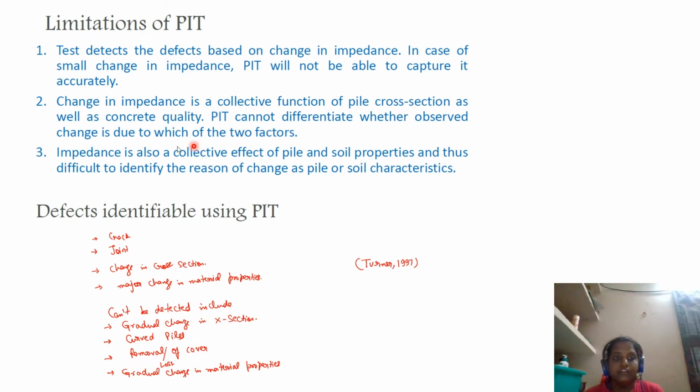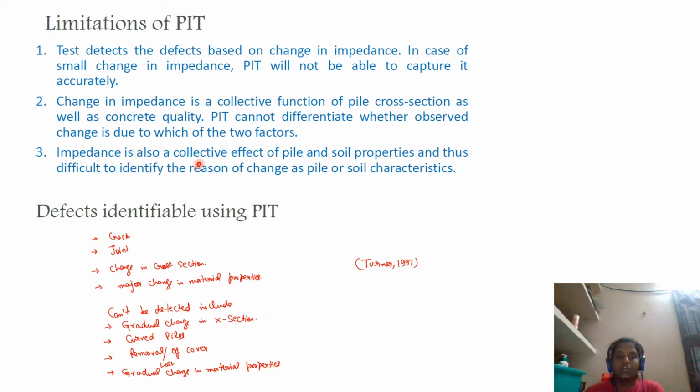And we will not be able to differentiate between the resistance because of pile cross section or concrete quality; both will give you a deflection in the graph. Even if the pile cross section is not proper, we'll get some deflection, and even if the concrete quality is poor, we will get some deflection. So sometimes we will not be able to differentiate what has caused this deflection.